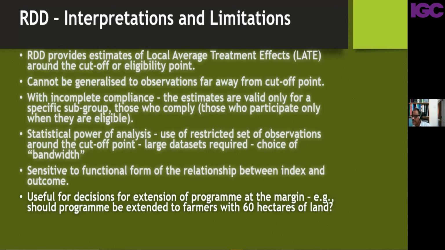So if you want to make these marginal decisions, for extension of programs at the margin, then it is more useful. If you want to find out about the impact of the program for the entire group of eligible participants, then RDD is not that useful, because it gives you the estimates only for those who are around the cutoff point or the threshold.